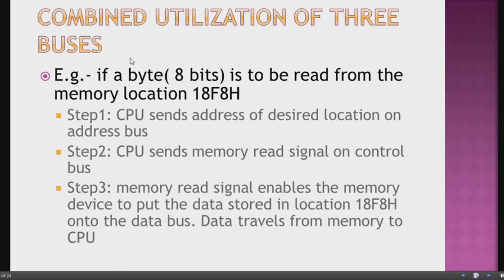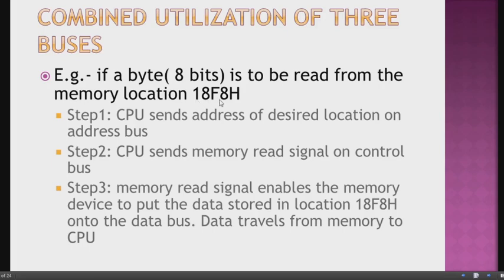Let's consider a byte is to be read from the memory location 18F8H. A byte is nothing but 8 bits. These 8 bits have to be read from the location whose address is given as 18F8. So the CPU wants to read 8 bits of data from this 18F8H location.